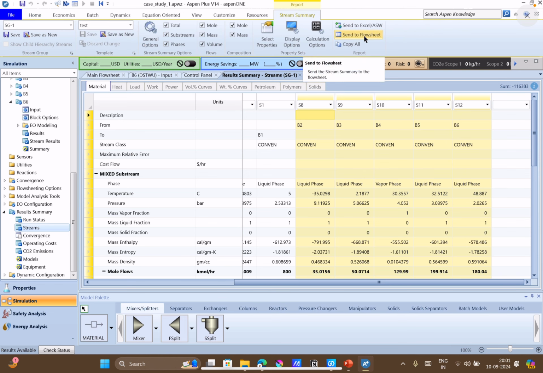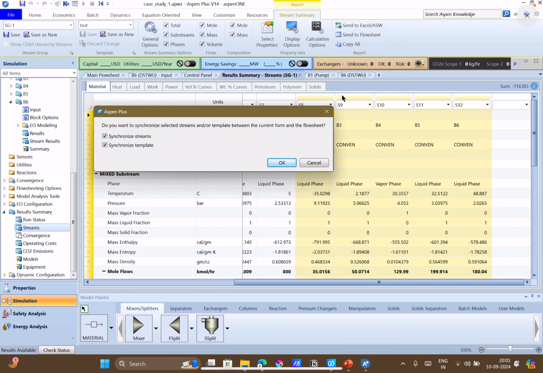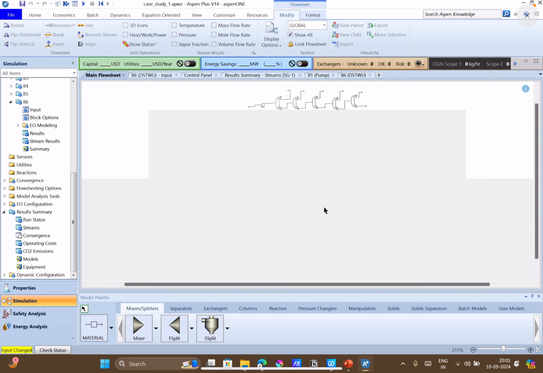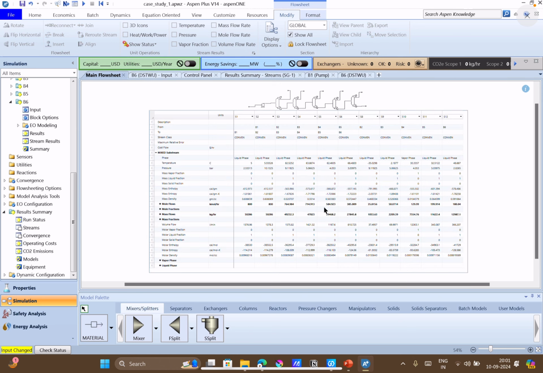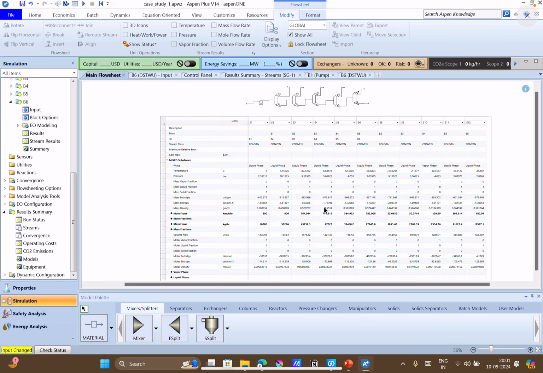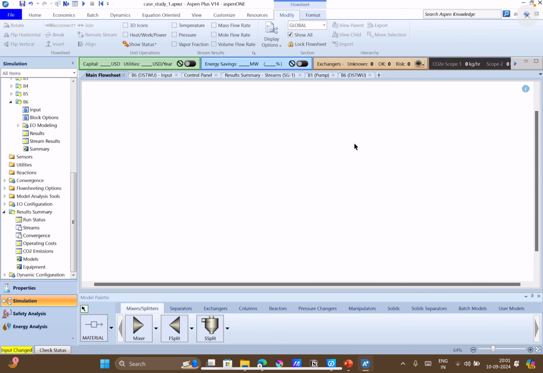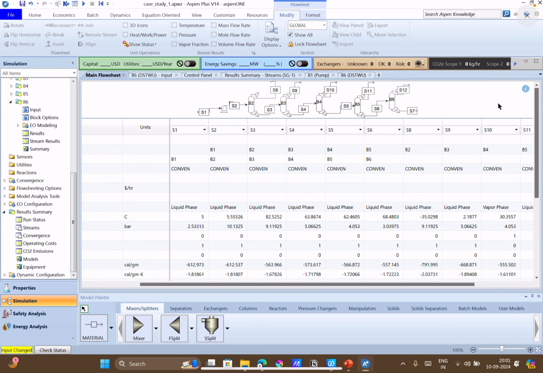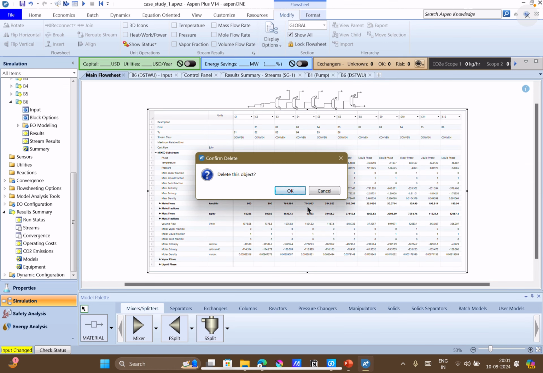This will add a table of stream summary along with the flow rate. Since there are so many tabs, it's a lot of data, but you can customize it and put only the streams which are of your interest. You can delete this object also.